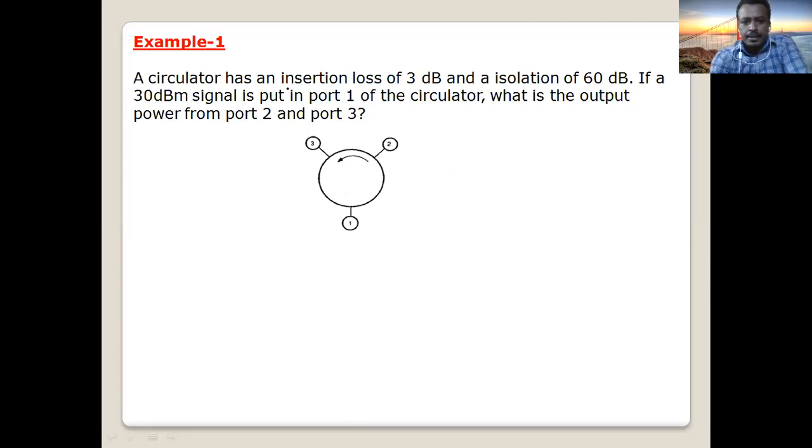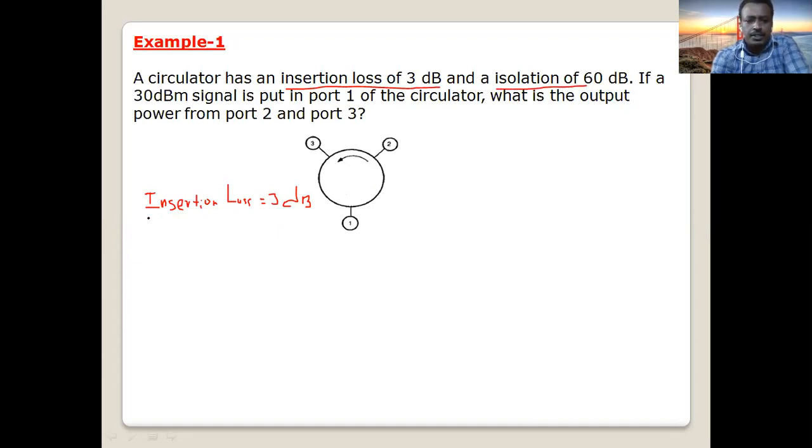That's given for this circulator. The second specification you see is isolation.